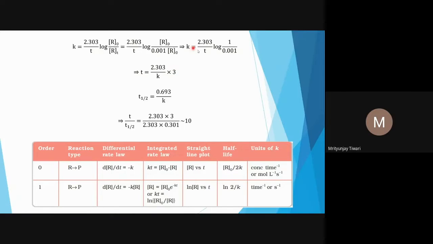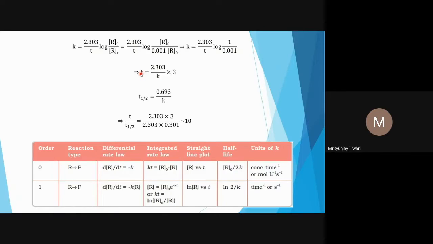So K t is equal to 2.303 log 10 to the power 3, and t is equal to 2.303 divided by K into log 10 to the power 3, which we can put as 3. So t is equal to 2.303 into 3 divided by K. This is what we have obtained, the value of t in terms of K.